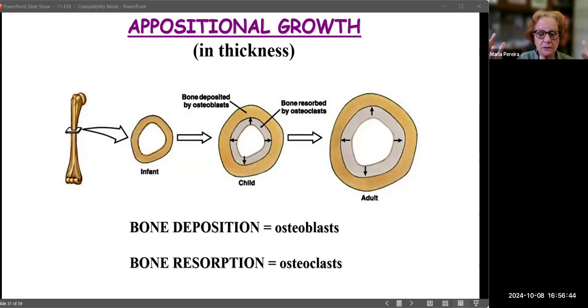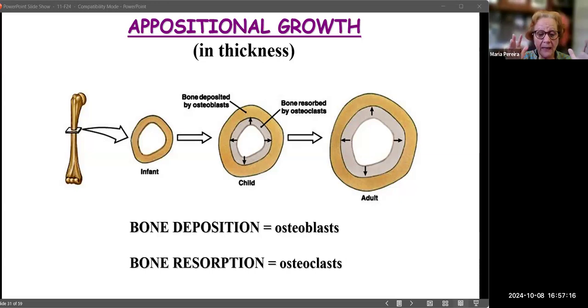Now you need the joint collaboration between osteoblasts and osteoclasts. The osteoblasts keep depositing bone, as you see here, so the thickness of the compact bone is increasing. But at the same time, the osteoclasts are chewing the inside of the compact bone to increase the diameter of the medullary cavity.